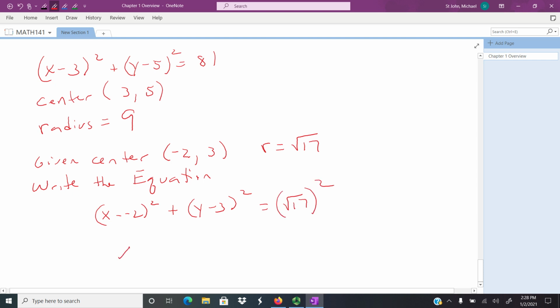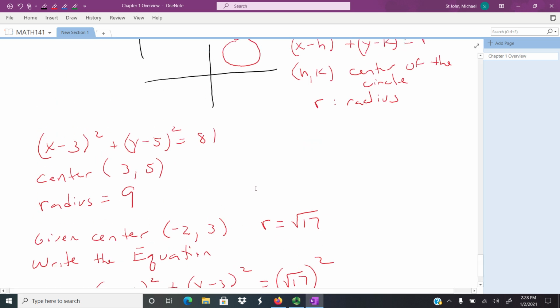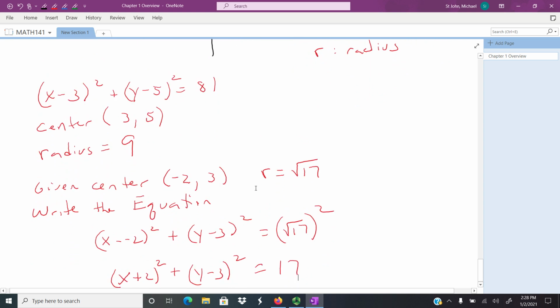So this becomes (x plus 2) squared plus (y minus 3) squared equals 17. And so we can get that. That is a brief overview of some of the equations you'll see in this first chapter, and you'll see more in terms of what's involved in that.